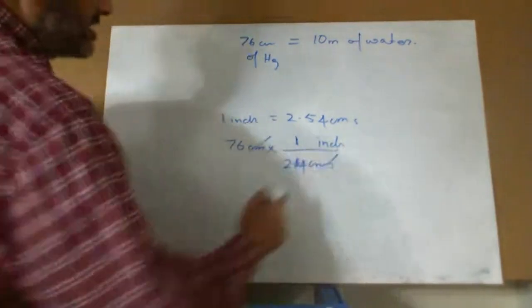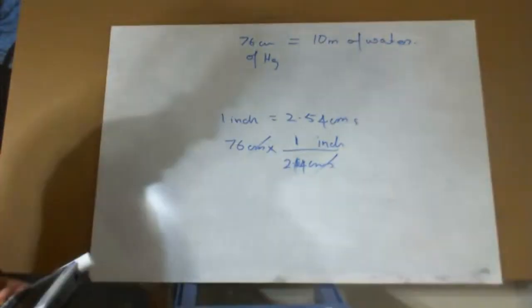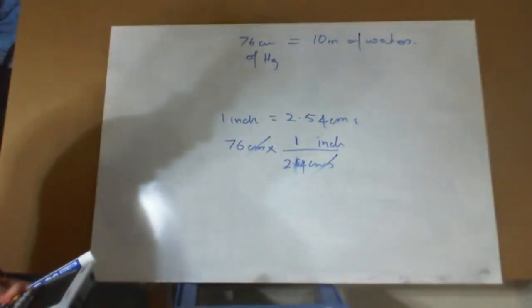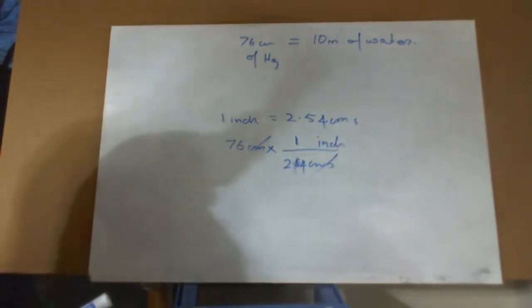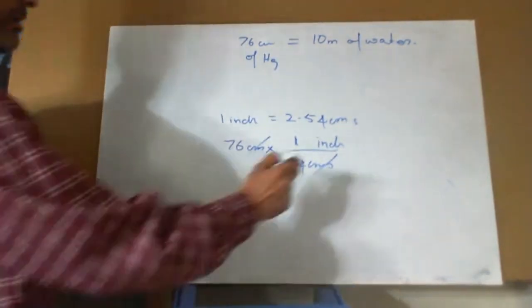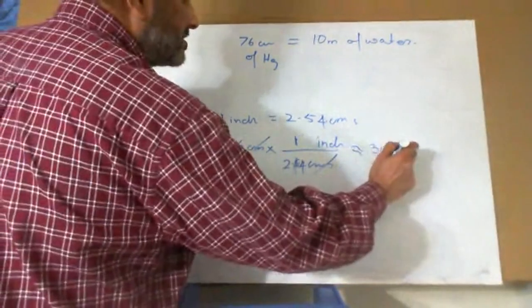So centimeters and centimeters divide out. So if I take 76 and divide by 2.54, I get 29.92, or approximately 30 inches.